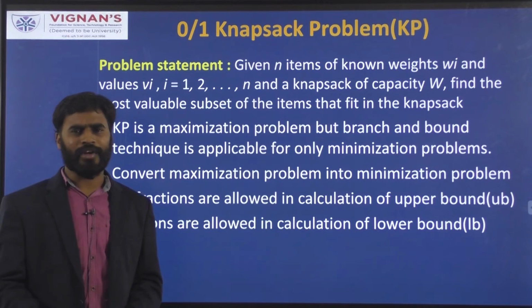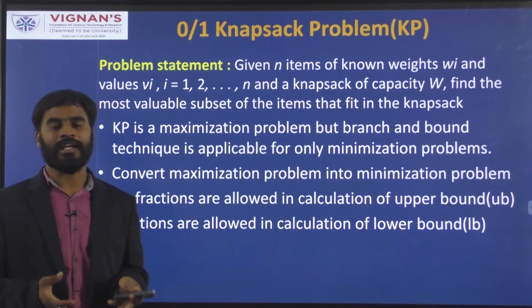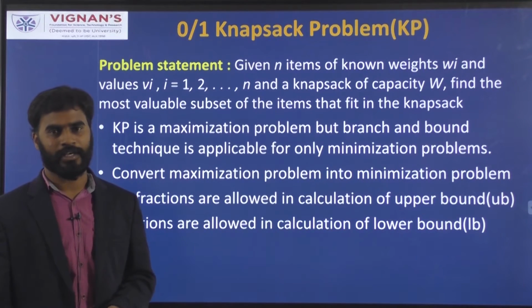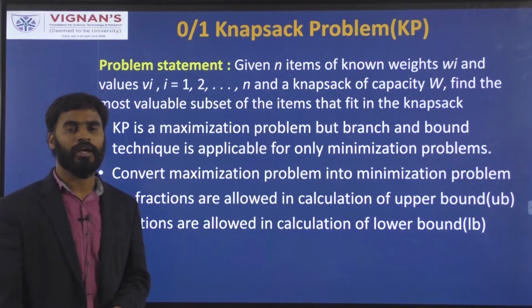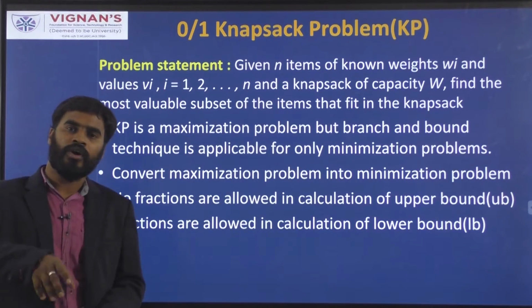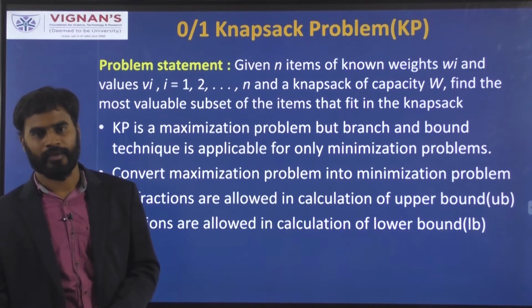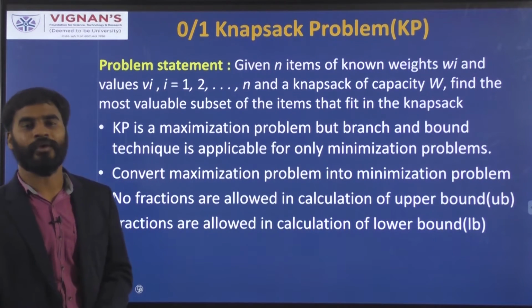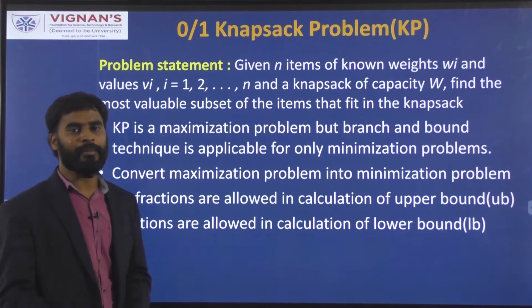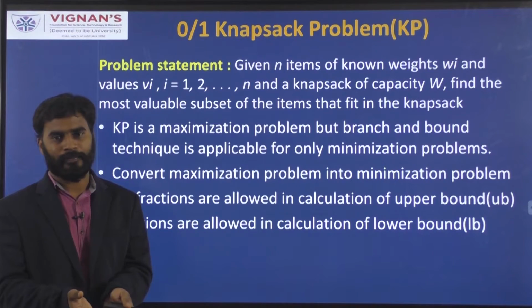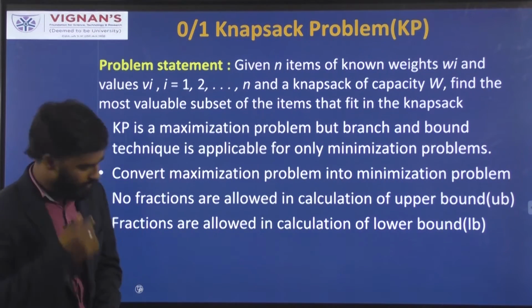A lower bound is nothing but the value of the current selection without fraction items. As it is a 0 or 1 knapsack problem, either you include an item or you exclude an item. You are not allowed to take fractions. So that is what we compute in the lower bound: the value of the selected items so far without fractions.